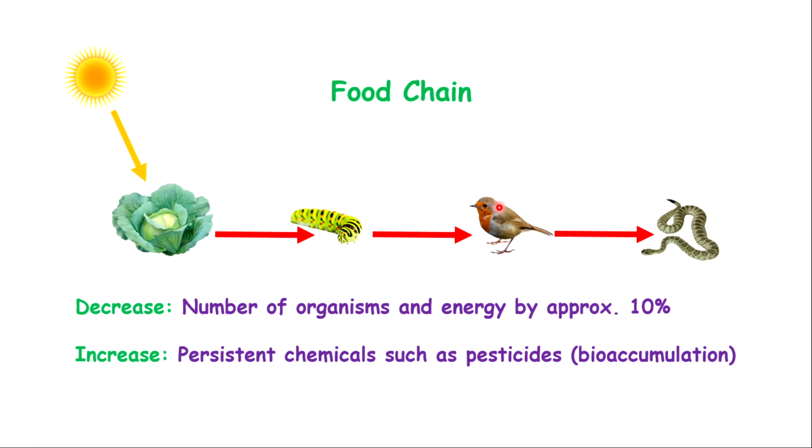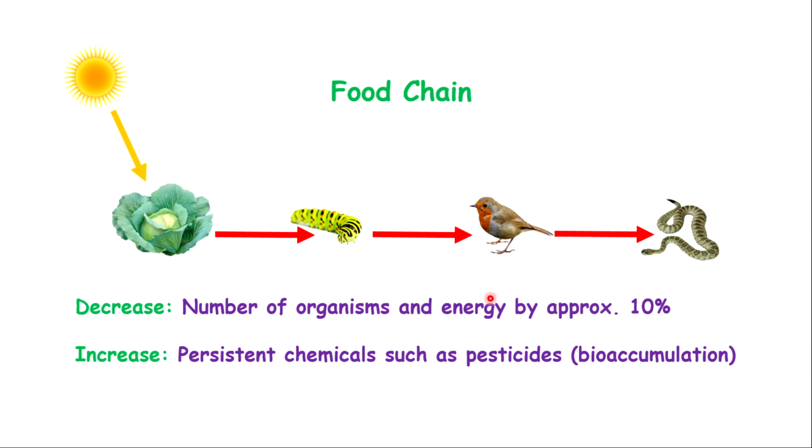Let's say the bird is only eating the caterpillar, and there are say 10 birds and only one caterpillar, then eventually the birds will not have any food. So going up the food chain, the number of organisms decreases. You need to remember that.